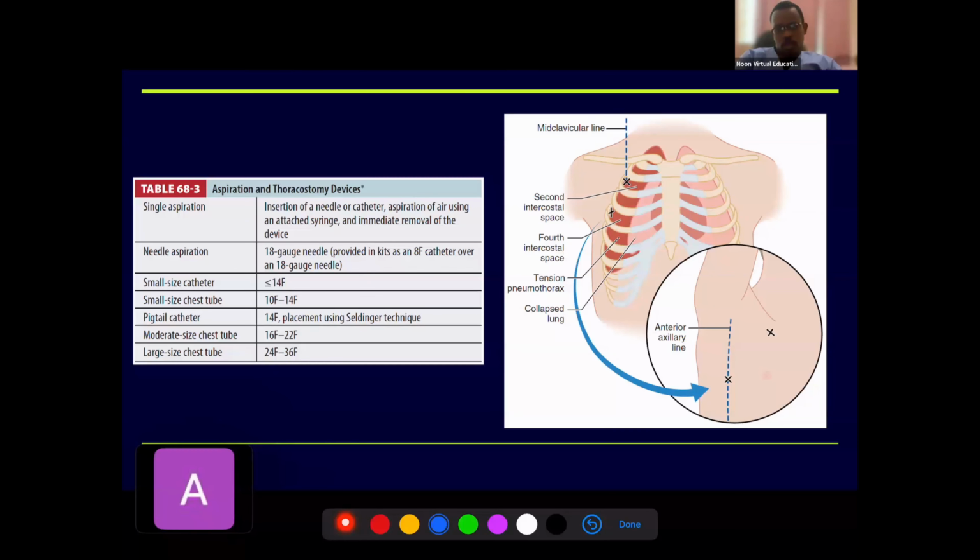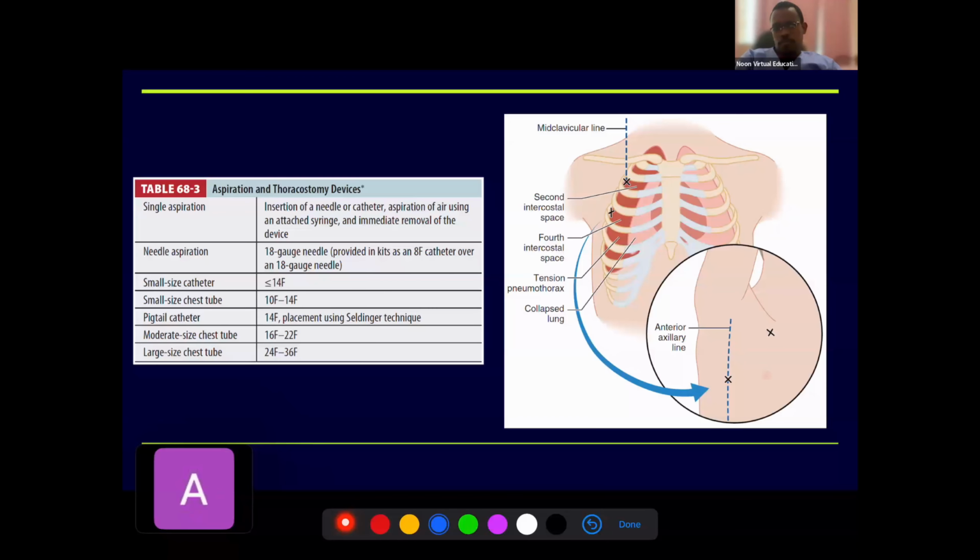You can use a small size catheter, available for chest drainage, or you can go for a chest tube. Even the size you will adjust. If the pneumothorax is large, you will go with a large tube. If it is small, you will go with a small tube like this. So you have a lot of options.